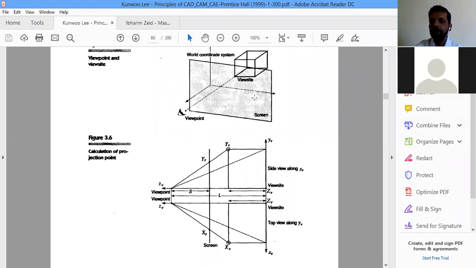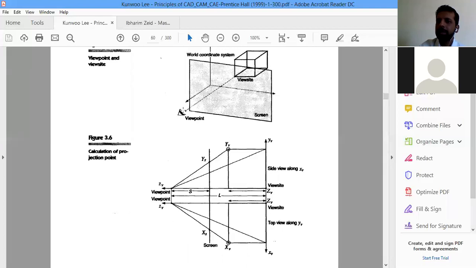But if I keep the mouse pointer somewhere at the lowermost corner of the screen, it is going to diminish with respect to this as the center point. That is the viewpoint. Keeping this as the viewpoint, I reduce the triangle, so it diminishes in shape.